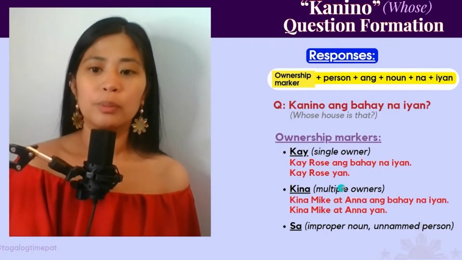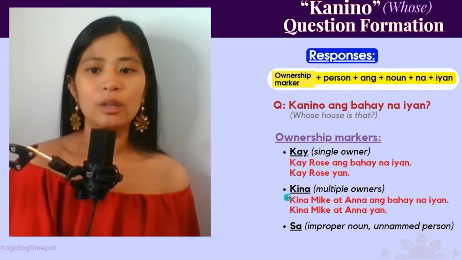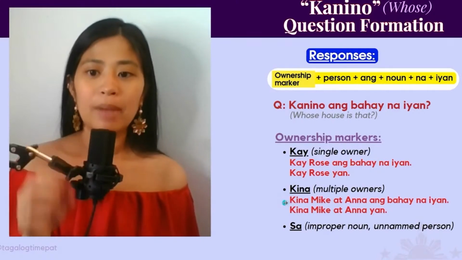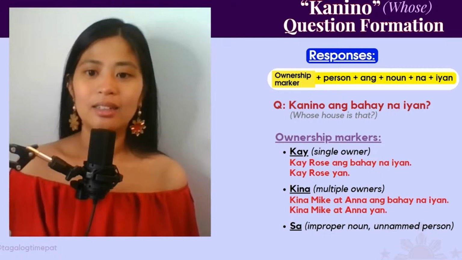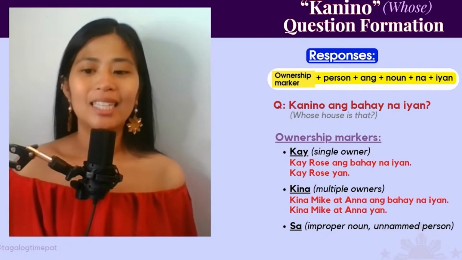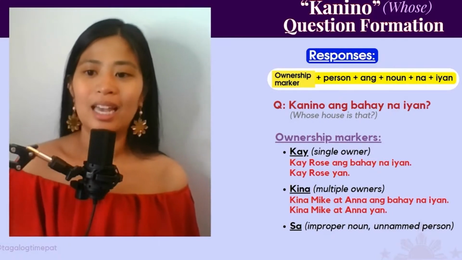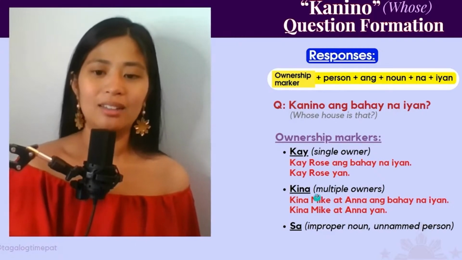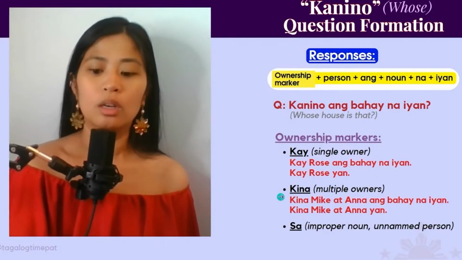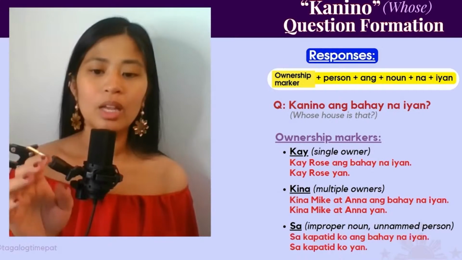Versus if there's multiple owners, so kaninong bahay yan? Whose house is that? Kina Mike at Ana ang bahay na iyan. Or kina Mike at Ana yan. That is Mike and Anna's house. So I want to point out there's kina. That is when you would use kina when there's more than one person owning that thing.